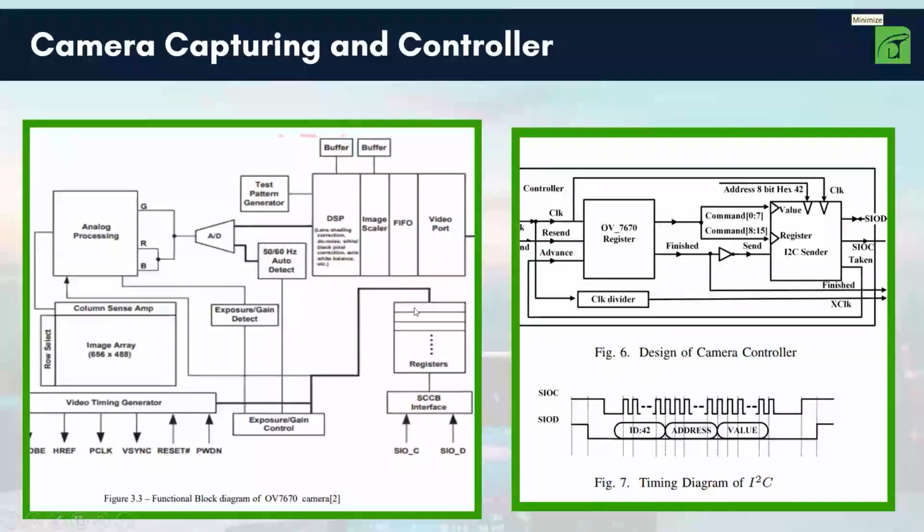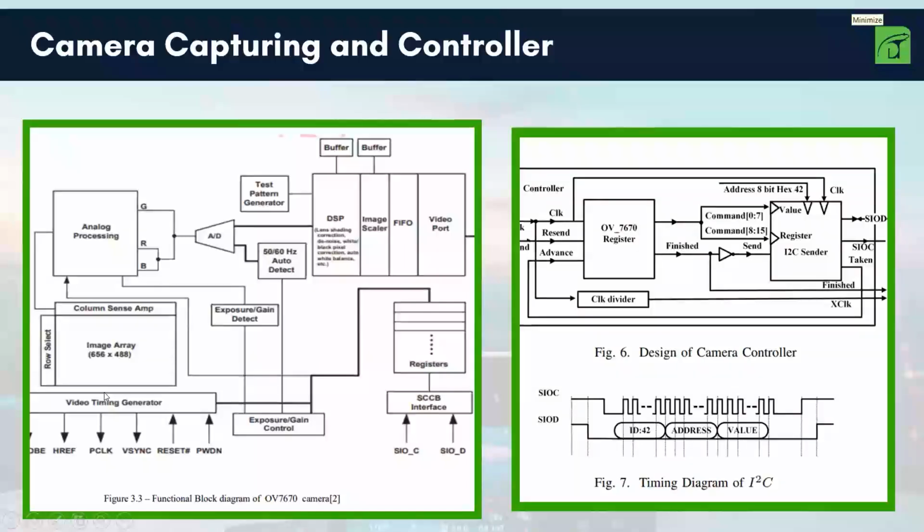Once the registering part is completed, you go for automatic exposure control. This is the automatic exposure control, and this is the automatic gain detection. Once the gain and exposure are completed, it generates a digital video timing, and complete video timing signals are generated from this output part.